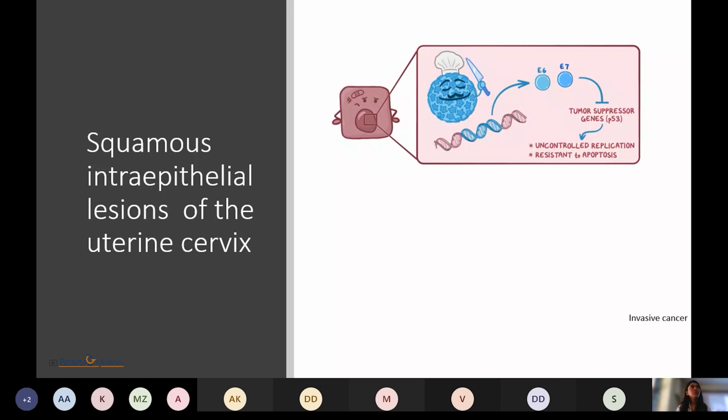E6 and E7 push the immature cells into the cell replicating cycle, and therefore they block the tumor suppressor genes present in the cell cycle, that is P53 and the retinoblastoma gene, which further leads to uncontrolled replication of the cell, and then the cell becomes resistant to apoptosis or natural cell death.